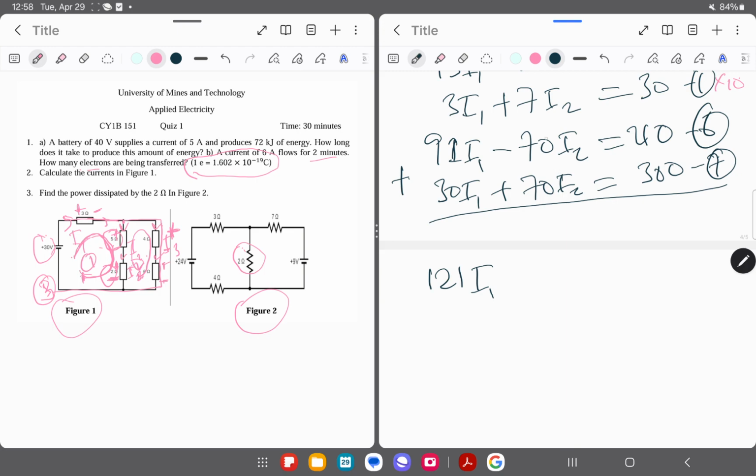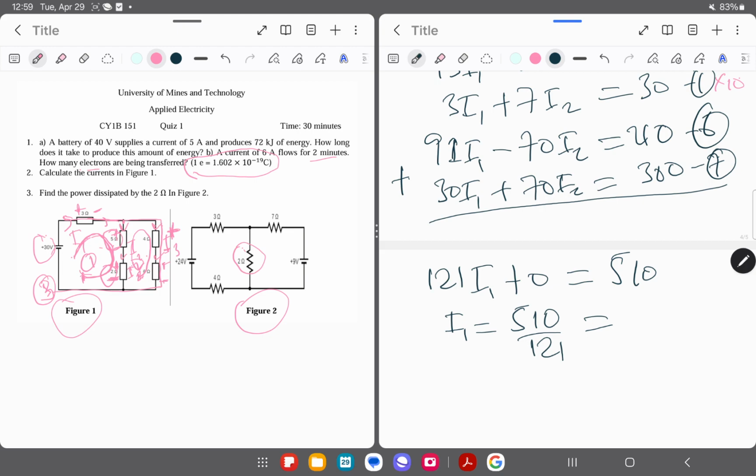Here when you add, you get 0 plus 0, and here we are adding as well. So we have 210 plus 300, which will give us 510, right? So now I1 is simply going to be equal to 510 divided by 121.